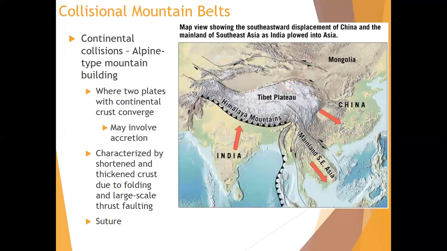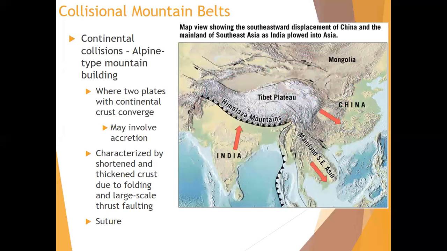So what happened here is that India moved north, while Asia was moving south and, hold on for a minute, east. Yes, southeast. So India was moving basically due north as Eurasia was moving southeast.